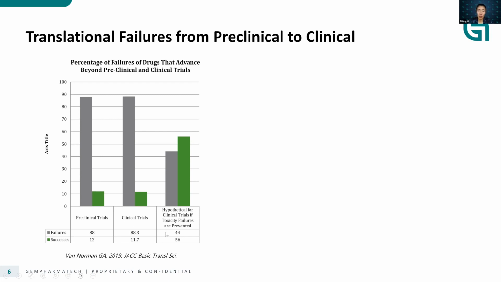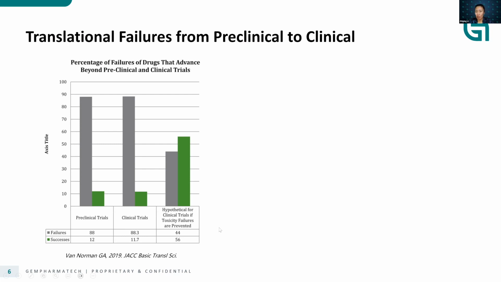So in this particular publication, people did a theoretical analysis. What if we can prevent some of the failures that have been observed in the clinical trial stage? Mostly these are toxicities that were not observed before the clinical trials, but were observed among the trial population.